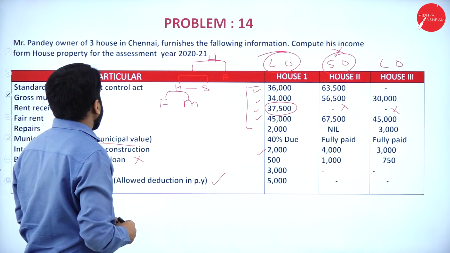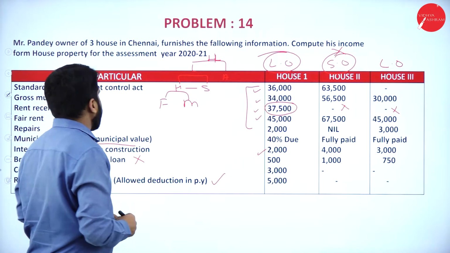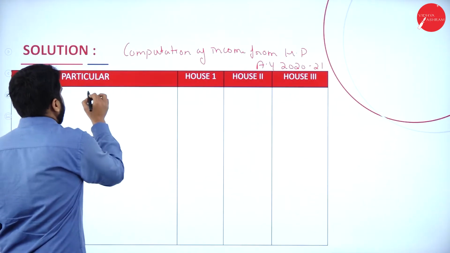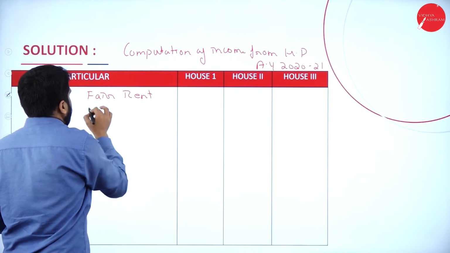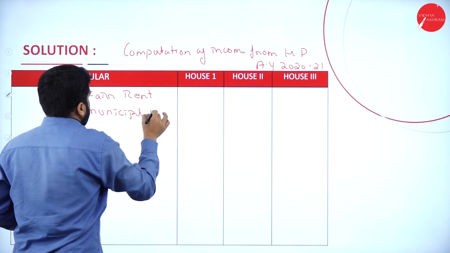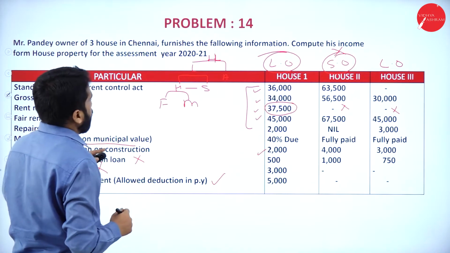Now, I'll go back to your question. First one will be what? Fair rent and municipal value you are supposed to find out.